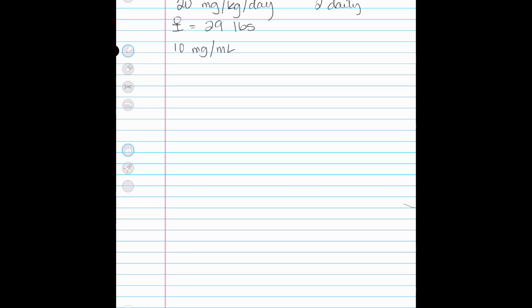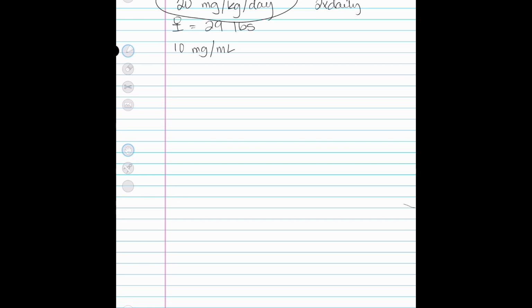So we say that this whole dose, which is 20 milligrams per kilogram per day, has to be divided evenly into 2 doses. We don't change the amount. It's not going to be 10 milligrams or 9 milligrams in the morning and 11 milligrams in the afternoon. That's not how you do things. So it's got to be divided evenly, 2 times daily.